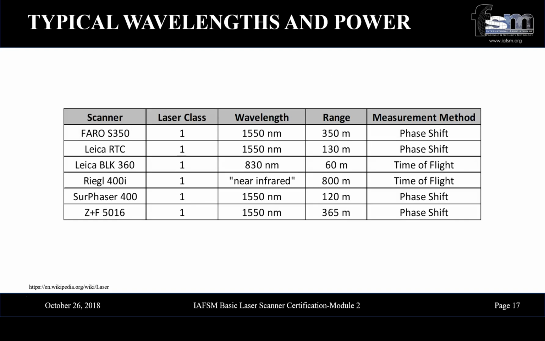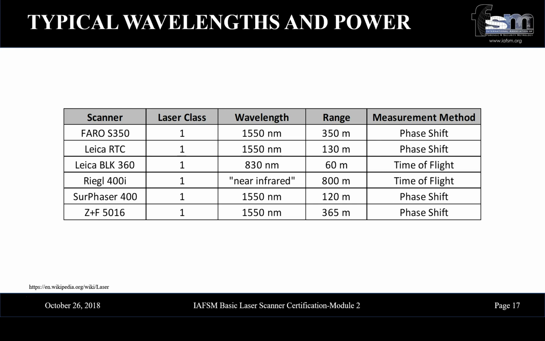So I put together a very small table of a few scanners, looking at the laser class and also the wavelength. You'll see that all of them are class 1 lasers, so all of them are classified as being safe. I don't have a power rating for each of these, but I'm quite certain that the power is relatively low.